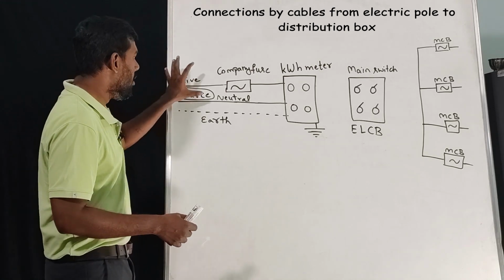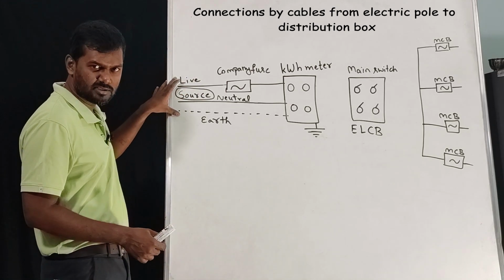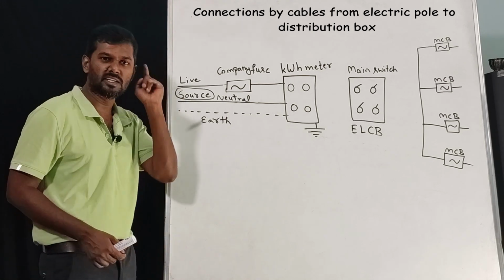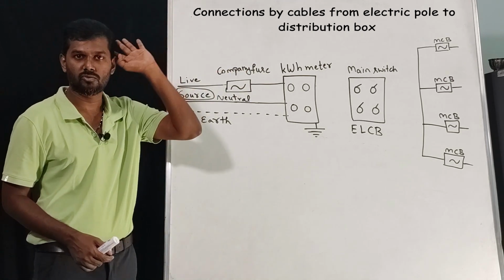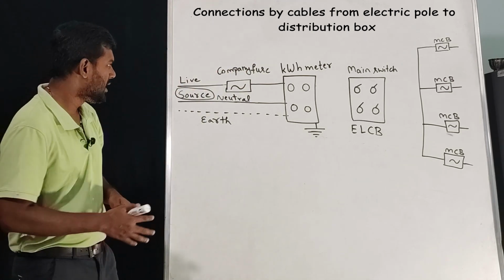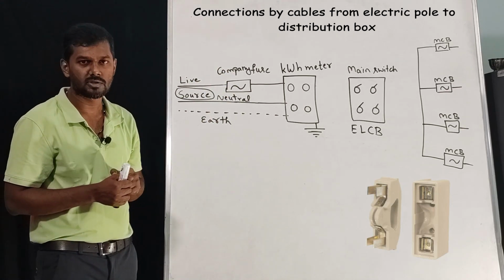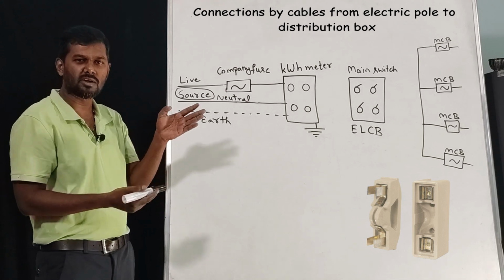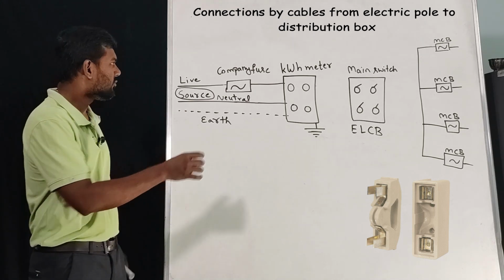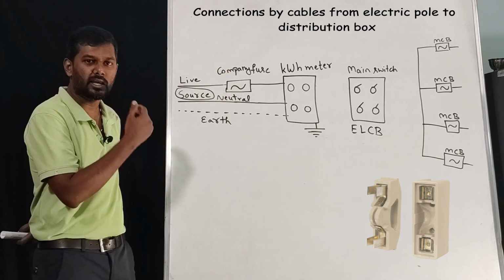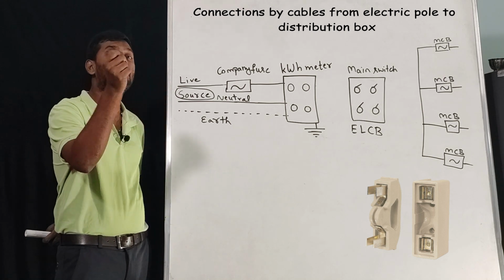Next, whenever we get these 3 wires, the first connection is given to the company fuse. Listen, what do you mean by company fuse? This is the picture of company fuse. I think many of the students have seen this picture. What is the function of company fuse? Why are they calling it company fuse?